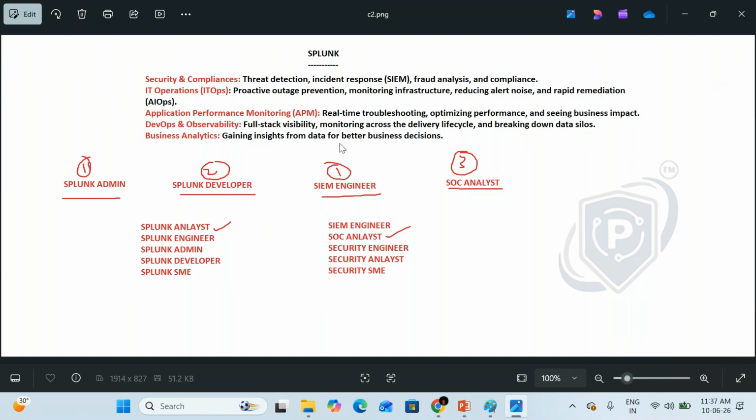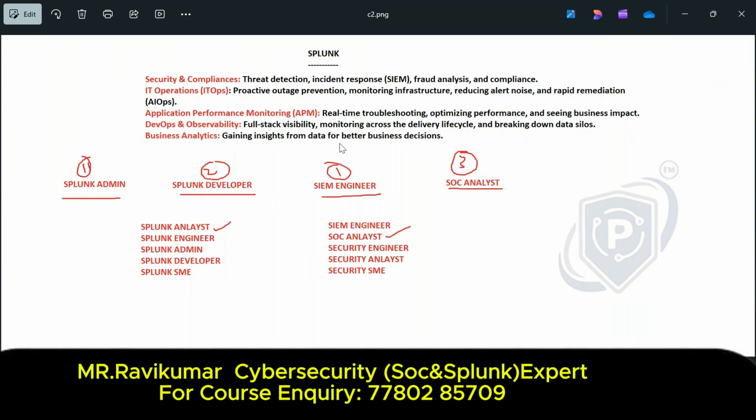Everything we can simply monitor and analyze. That means with Splunk, we can use security operations like SOC, and also IT operations, observability, application performance, and business analytics. So with our course, exclusively, you are getting an opportunity to apply for Splunk admin directly.